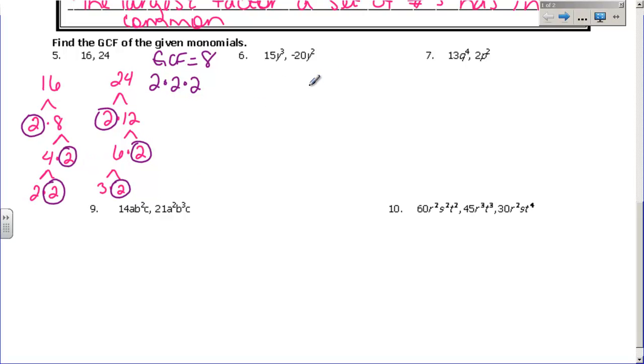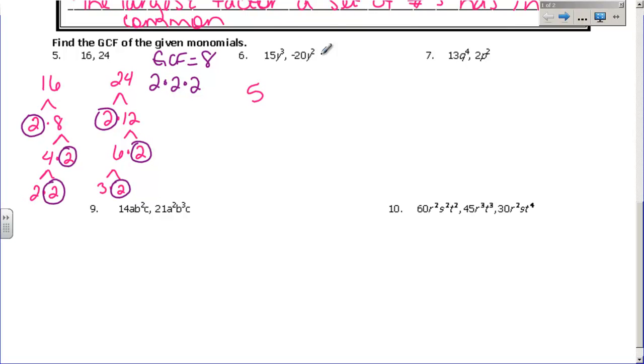Number 6 has numbers and variables. And so I have to find the greatest common factor of both. We always do numbers first. So I have 15 and negative 20, but I'm going to ignore the negative for finding GCF. The greatest common factor of 15 and 20 is going to be 5. That's the biggest number that will go into both of them.